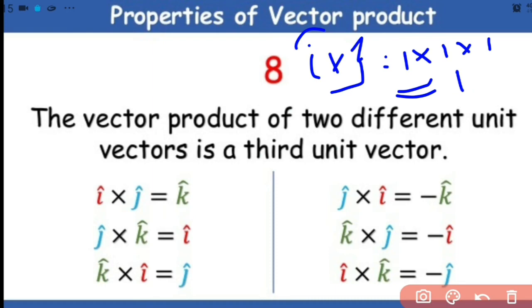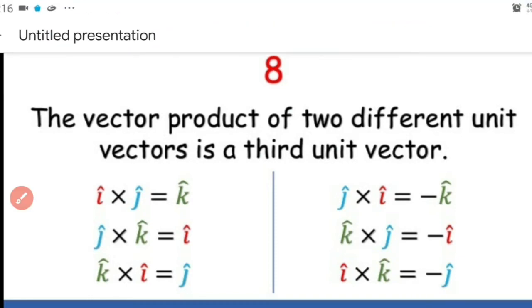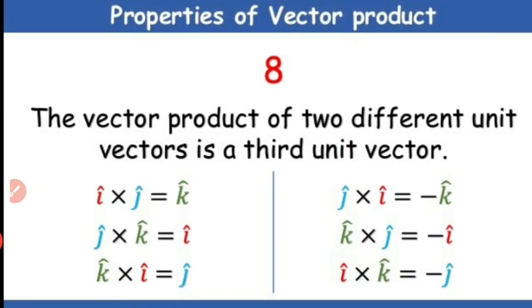Then what is the direction? When you find the direction of i cross j, when you curl your fingers, you will get the direction of i cross j to be in the positive z direction. So we write i cross j as k cap. Similarly, we will get j cross k as i cap and k cross i as j cap. This you can easily find by imagining your fingers at the corner of a room.